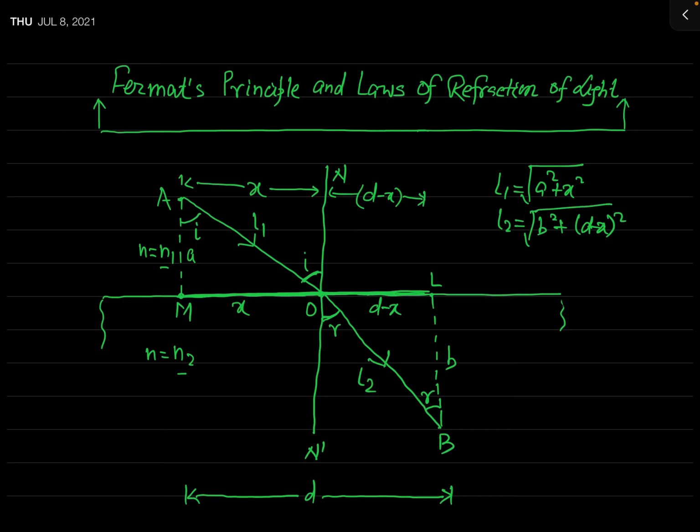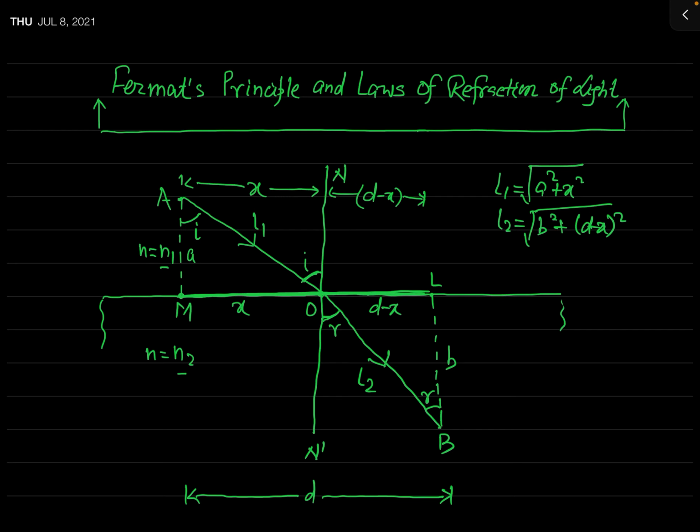But if L1 is the path length in the first medium whose refractive index is N1, then what is the optical path? As I told you in the first lecture on Fermat's principle, if the medium is homogeneous and you want to calculate the optical path, we simply multiply the refractive index of the medium and the path covered by the light in that medium.